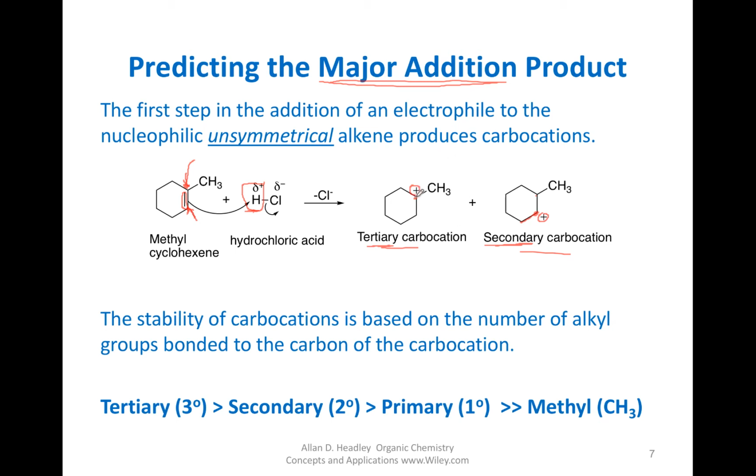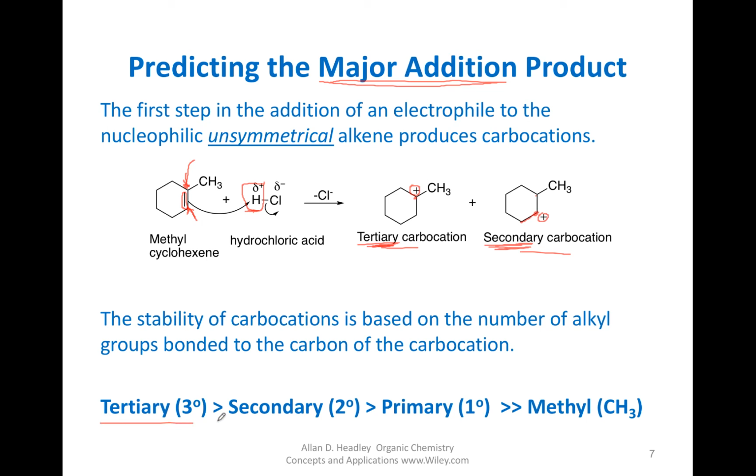As you can imagine, a positive charge needs electrons. So the more alkyl groups that are surrounding a positive charge, which have bonding electrons, the more stable it is. So the tertiary carbocation is more stable than the secondary. The trend is actually here.